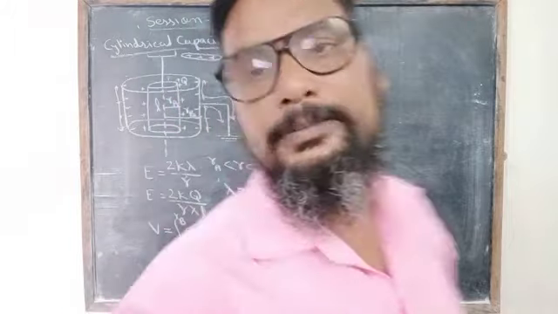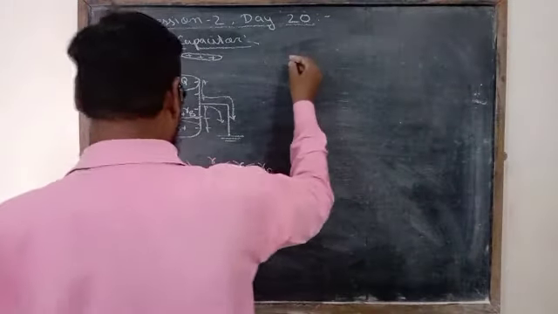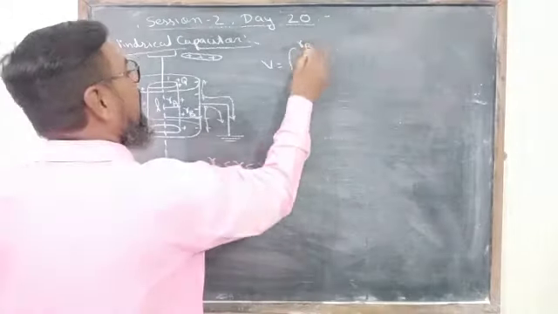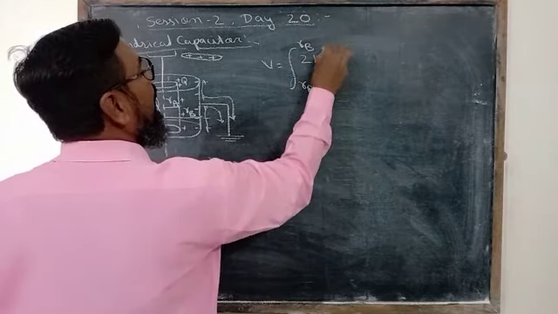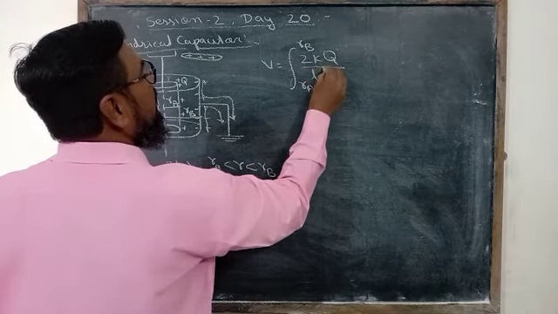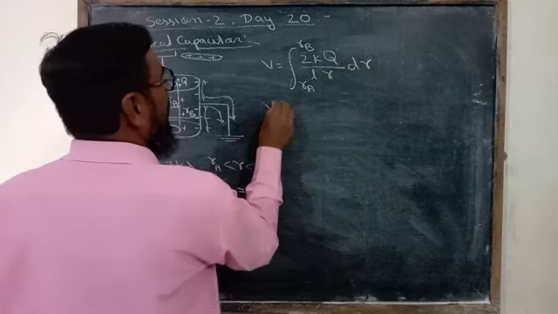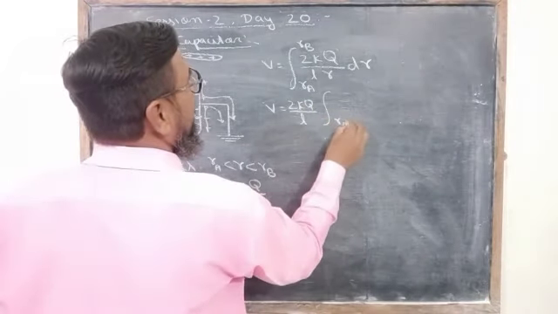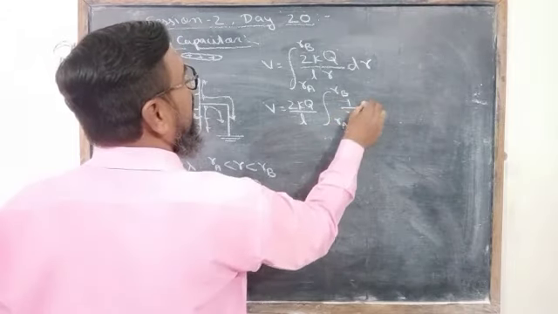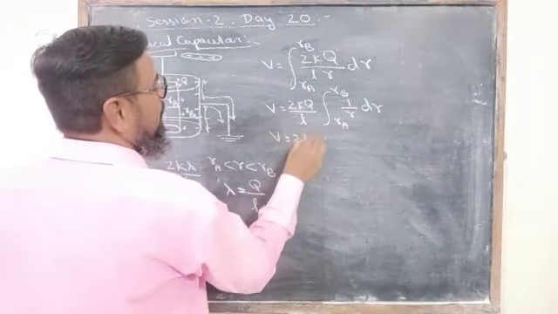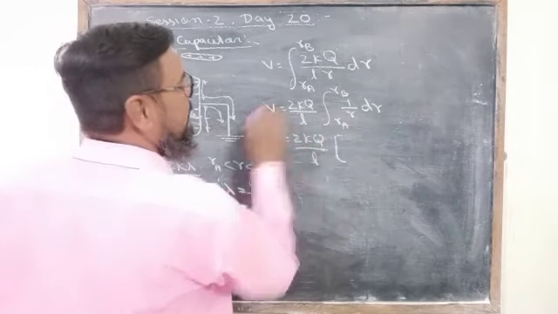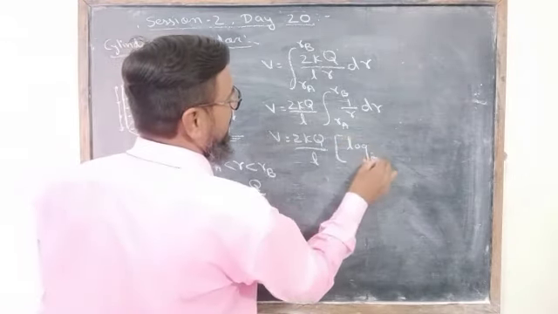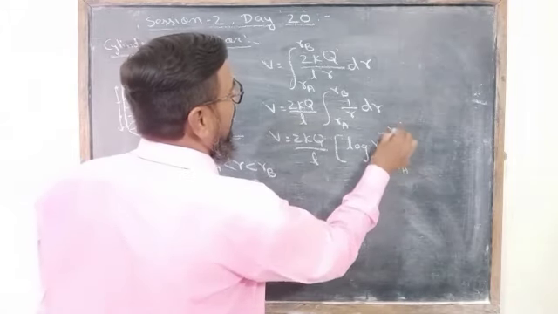So V is equal to integral from RA to RB of 2KQ upon L into R, dr. 2KQ upon L is common, and integral RA to RB of 1 upon R dr. So V is equal to 2KQ upon L, and the integration of 1 upon R dr is log base E R, from RA to RB.